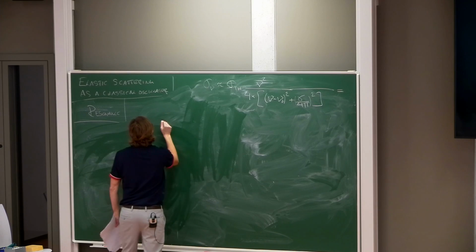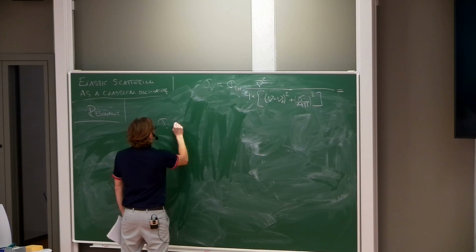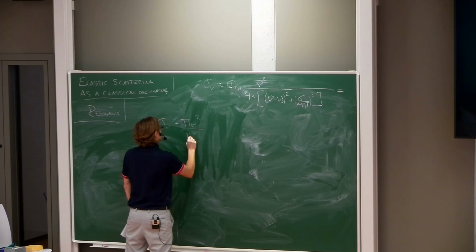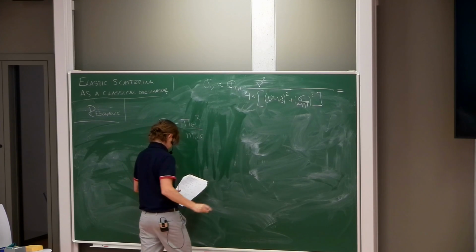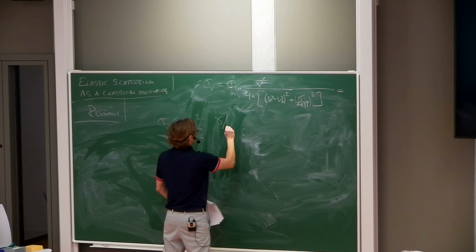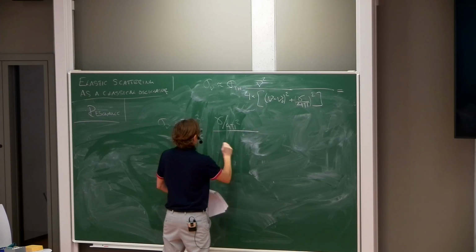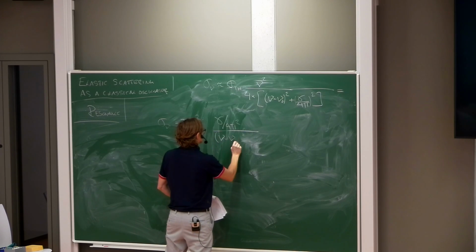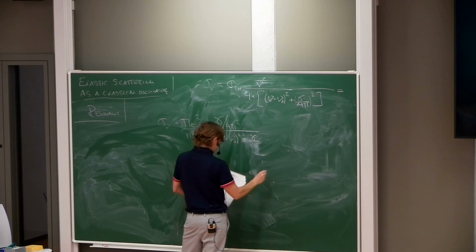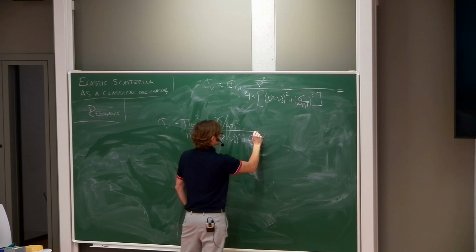And we can write this now as sigma nu equals 2 pi e squared divided by m_e c, sigma divided by 4 pi squared, and then nu 0 squared plus gamma over 4 pi squared.